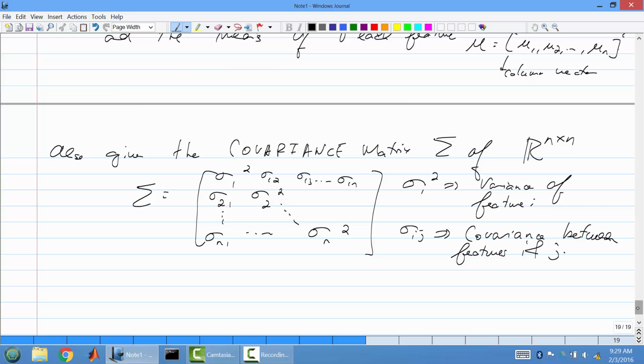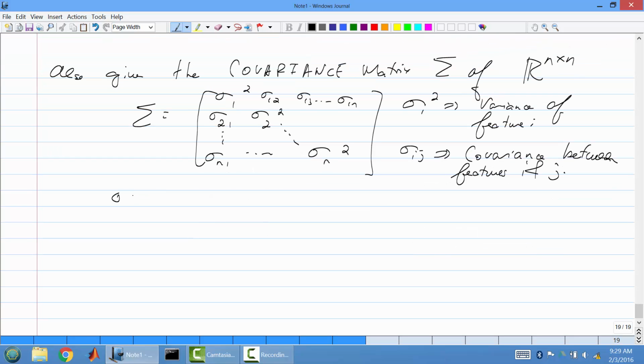Naturally, the covariance between i and j is equal to the covariance between j and i. If you're trying to find the relation between variables 1 and 2, it's the same as finding 2 and 1. It's pretty straightforward.